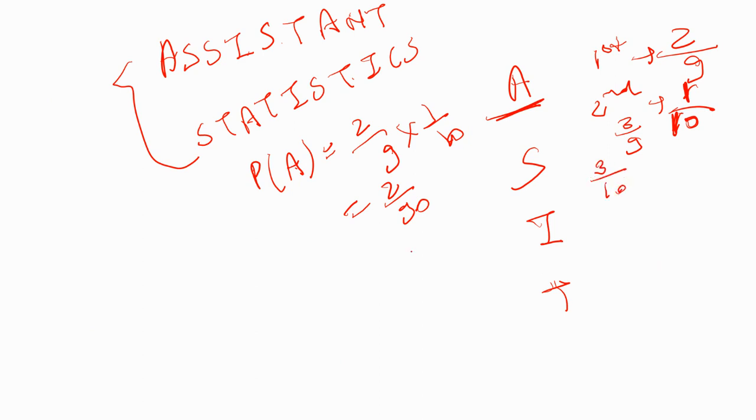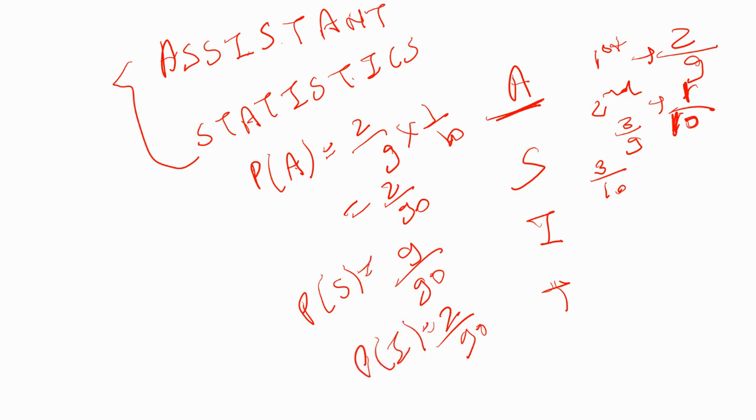So it will be 9 by 90, right? So the probability for S is 9 by 90. Then for I, here is 1, and here is 2, so it will be 2 by 90. And for T the probability is 6 by 90.